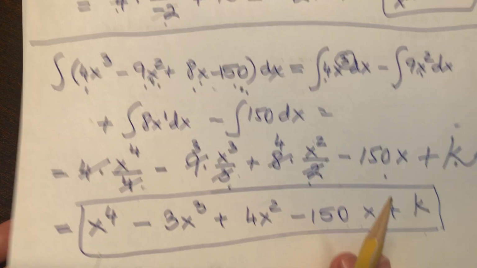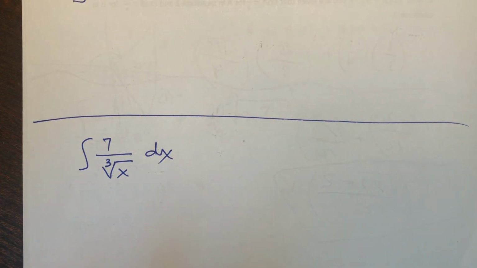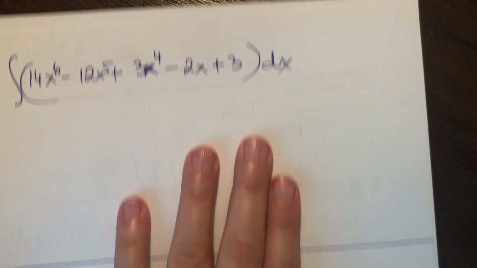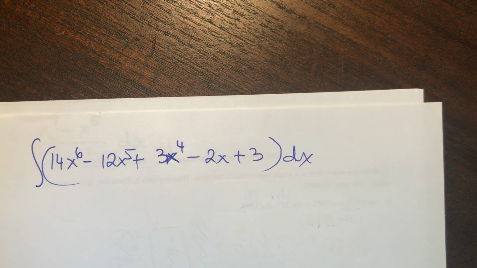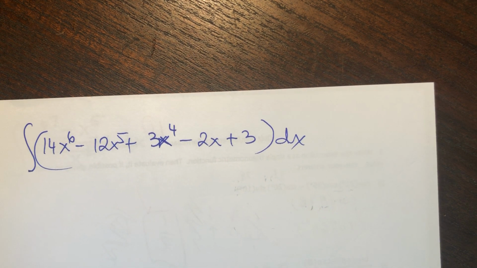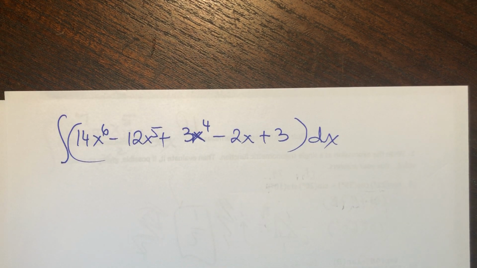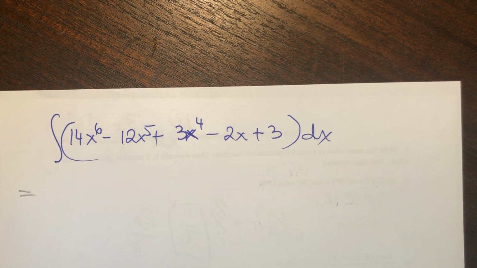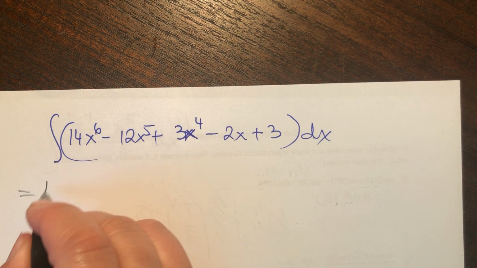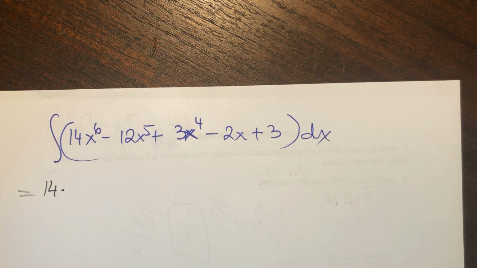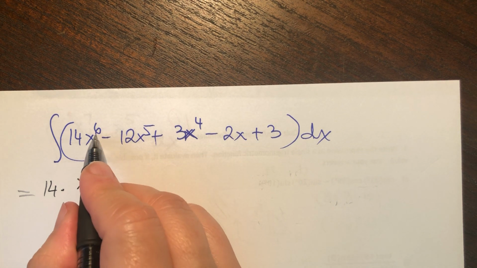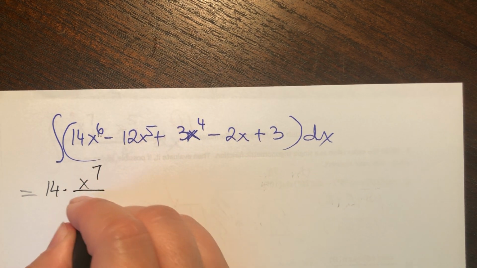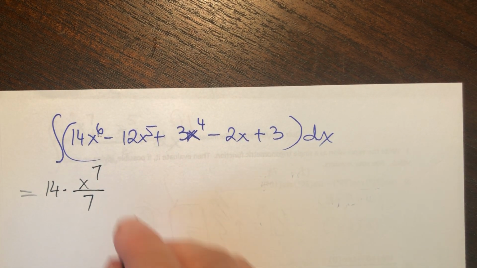All right, let's try this one more time, maybe this time faster. And again, I already wrote it out for you. So let's see. What would be the antiderivative of this? I'm just going to go faster. So we'll keep the coefficient and then times x to the, increase the power by 1 and then divide by it.